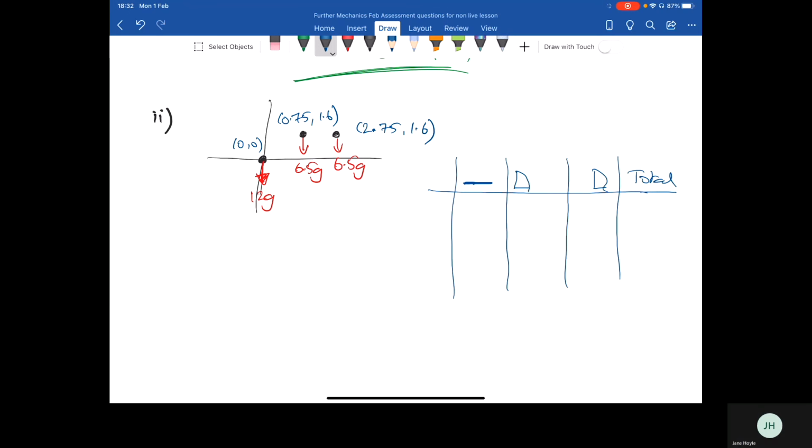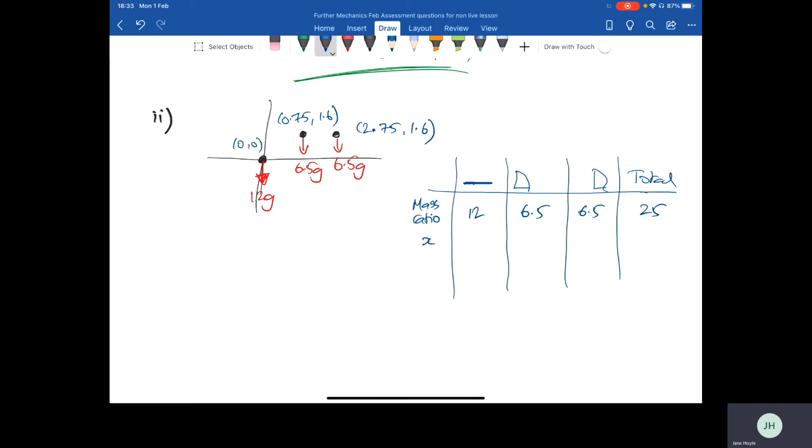So we could call this weight, but we tended to call it the mass ratio, didn't we? I don't care about those g's. I know that the masses of those would be just in the ratio 12 to 6.5 to 6.5 to 25.